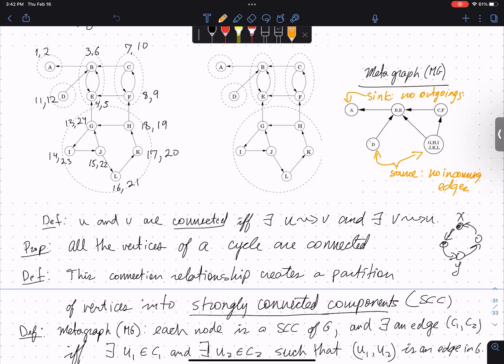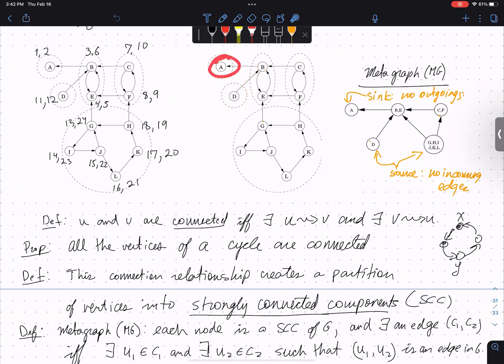Remember, for undirected graphs, this is how we found connected components. We started an explore from a vertex, and we knew that in that explore, we would discover exactly everything in that component. What if I run explore here from, let's say, D? Am I going to find vertices just in that strongly connected component? I run explore from D, I'm going to find things outside of that. What if I run it from A?